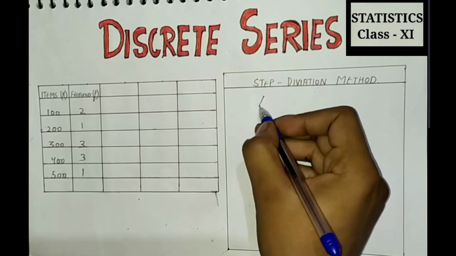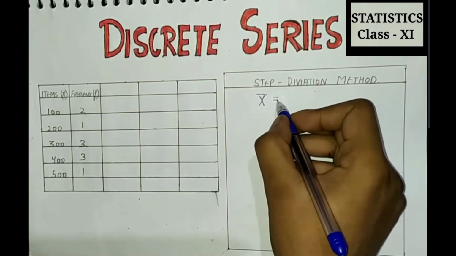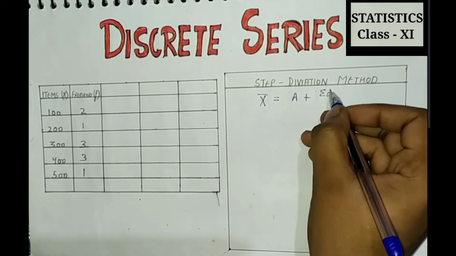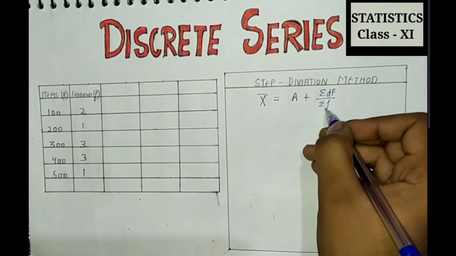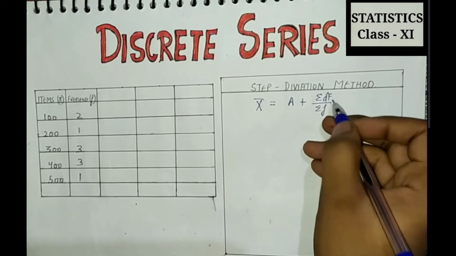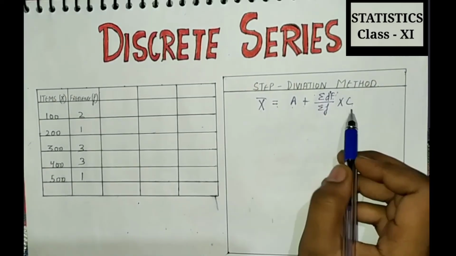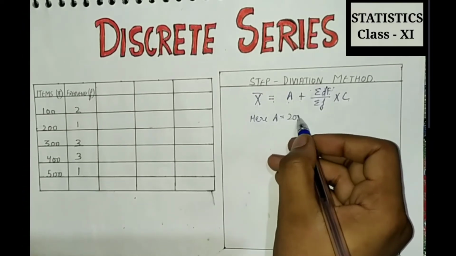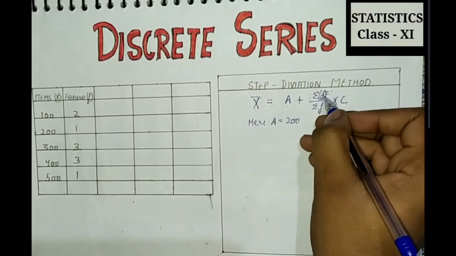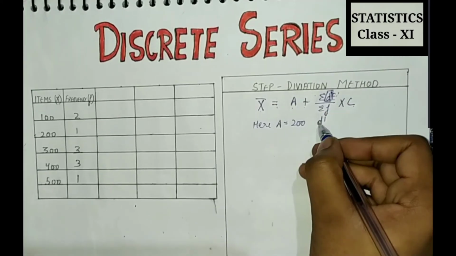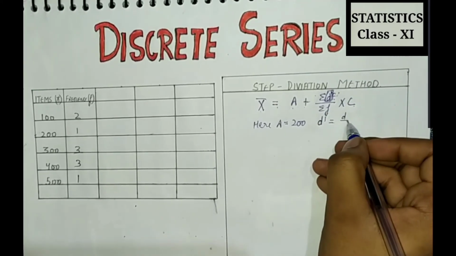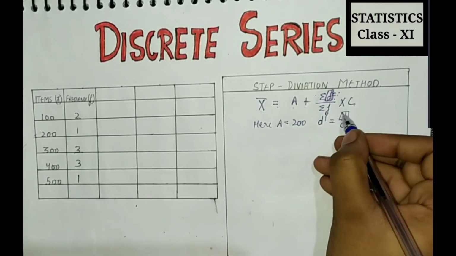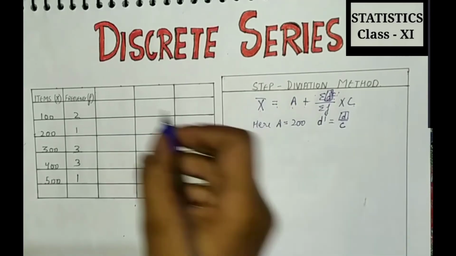So our last method is the step deviation method. The formula for step deviation is mean is equal to A plus sigma d dash f upon sigma f, multiplied by C. Here, for example, I take A as 200 again, so the new term coming is d dash. The formula for d dash is d upon C. So for calculating d dash we first have to calculate d.